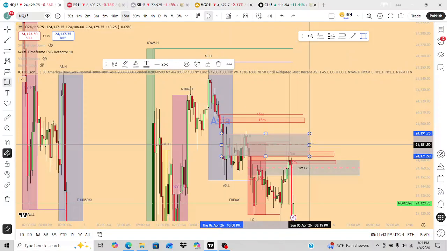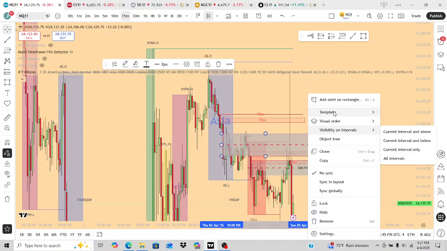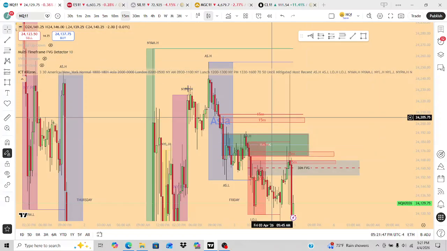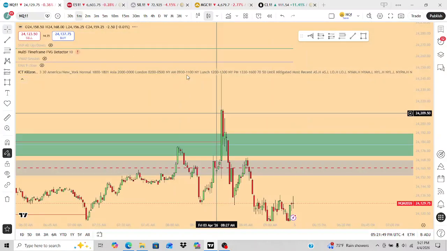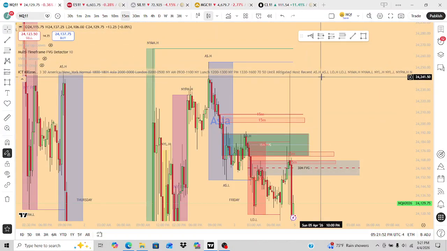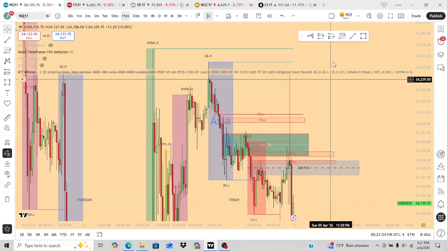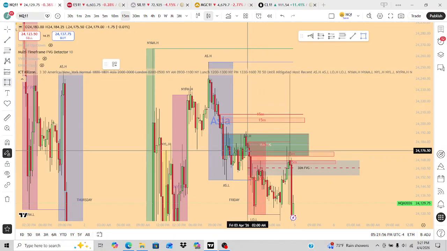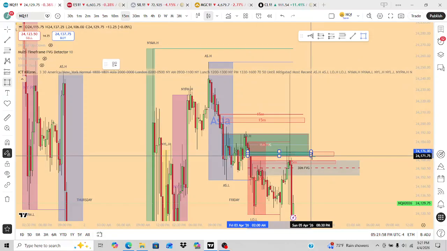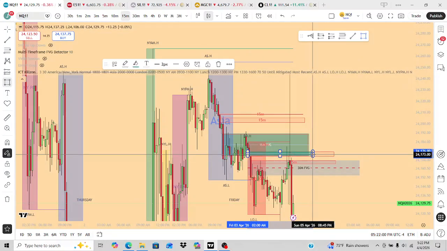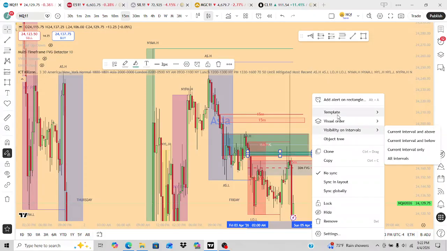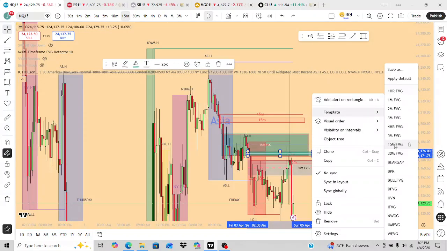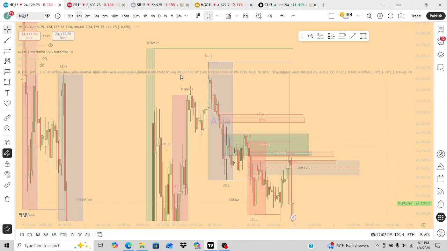Try this one. You need to see which one makes the most sense, like which one price really reacted off of. Might be this one. Either way, you can still see price got wicked down really hard. So it doesn't matter which one, as long as you are able to identify that price is not going to go any higher than that.